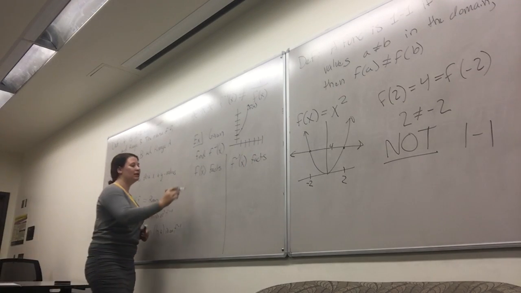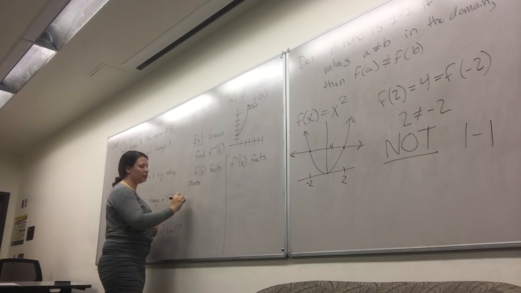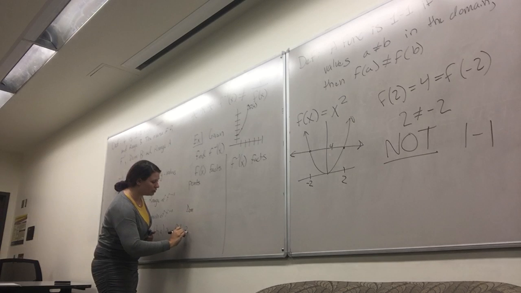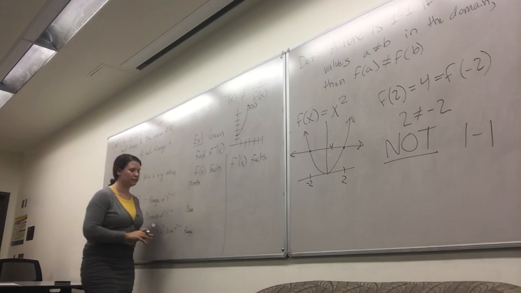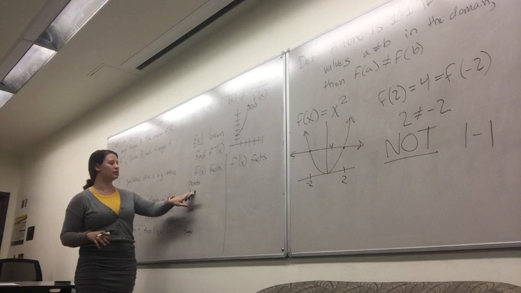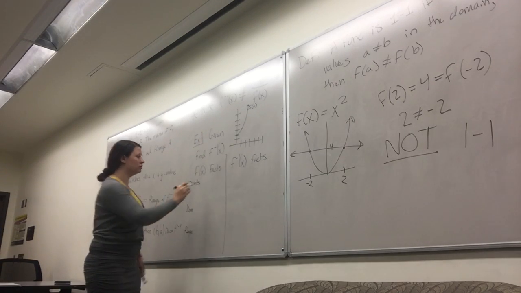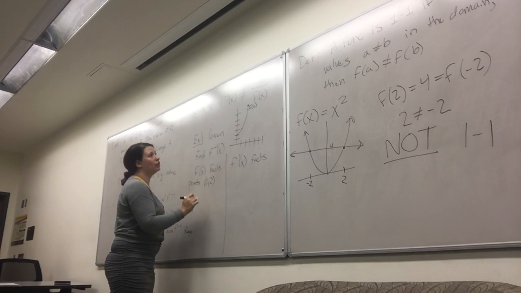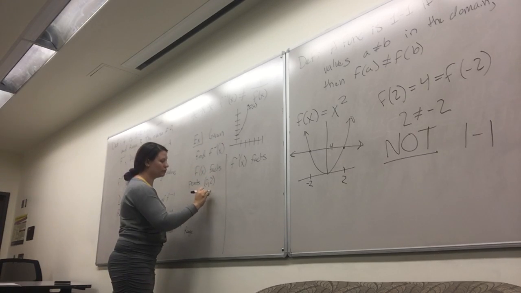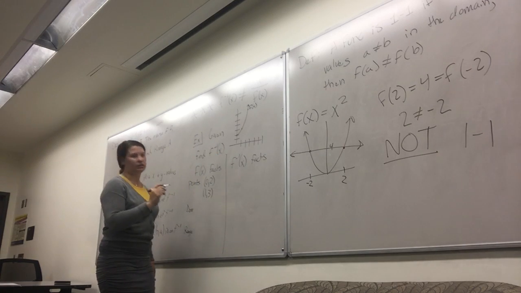So, let's write out the points. And then we'll do the domain and the range. Okay? So, what are some points on f of x? (0, 2). And another one, (1, 3), and (2, 6).